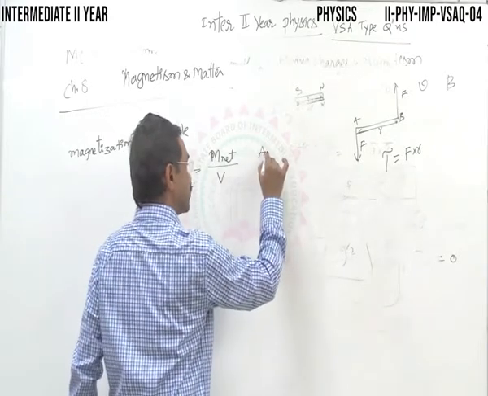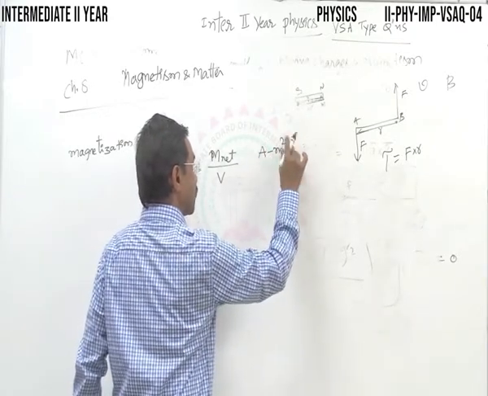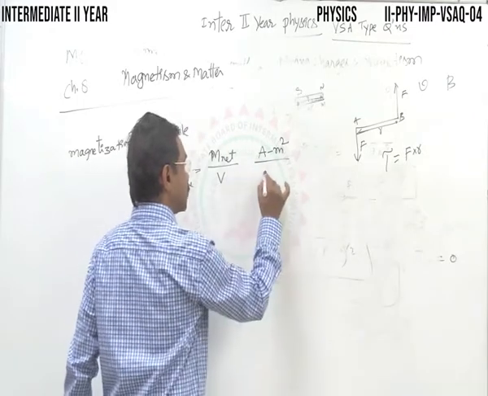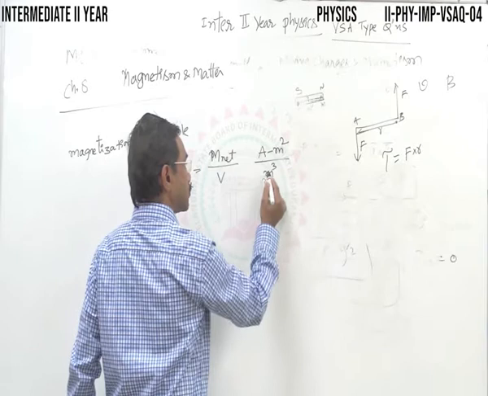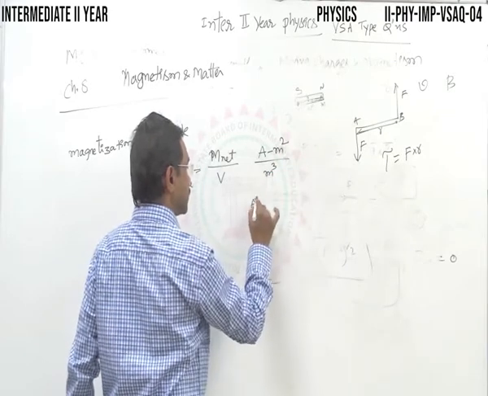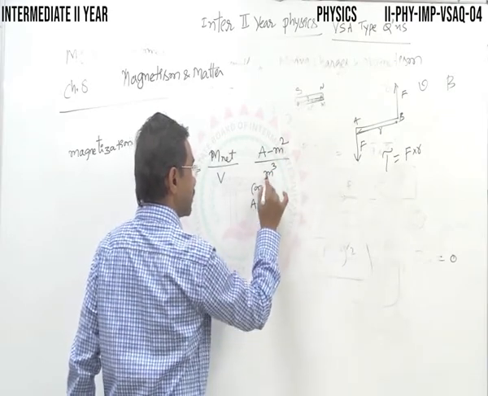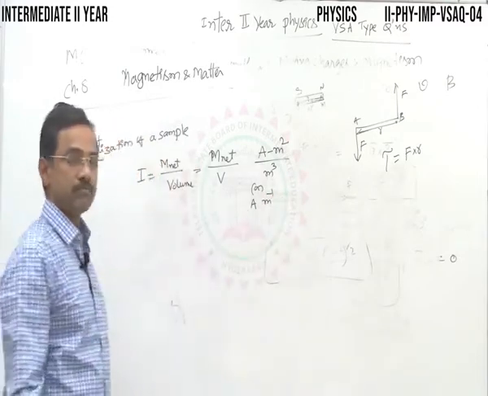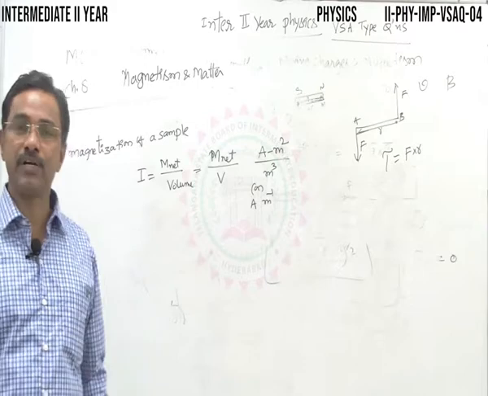If anybody wants, make a note of it. Magnetic moment units are ampere meter square, volume is meter cube, so meter square gets cancelled. We have ampere in the numerator and meter inverse in the denominator: ampere per meter, or ampere meter inverse.